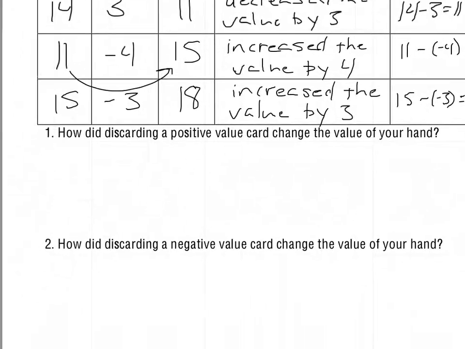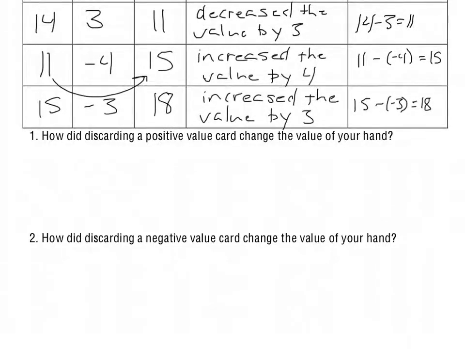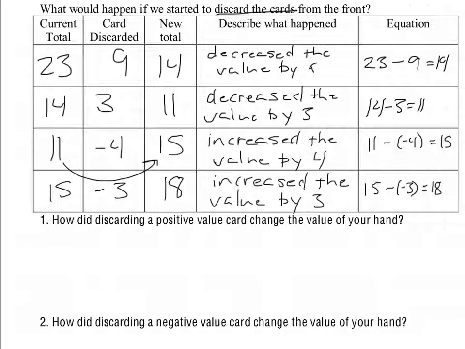We should start to see a pattern evolve about what's happening here. What happens when we discard or take away a positive value card? And how does that change the value of our hand? So looking up, we have 2 examples of that here and here. How does that change the value of our hand? Go ahead and answer that question.